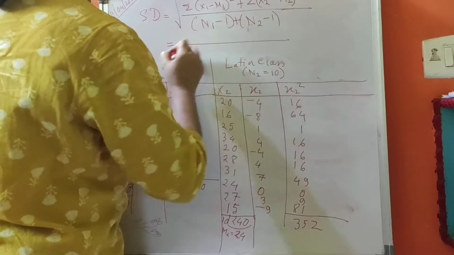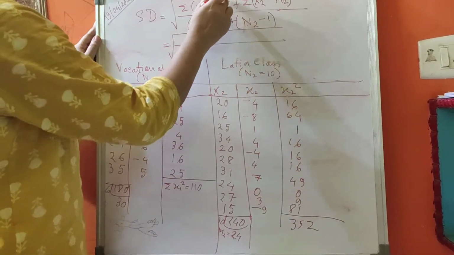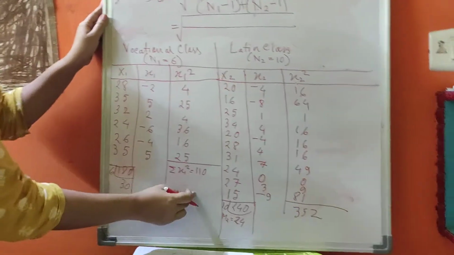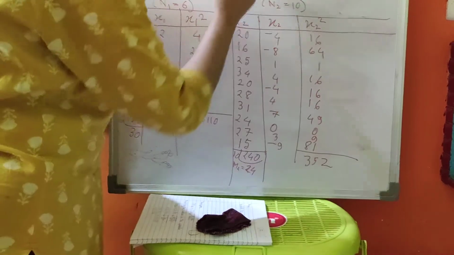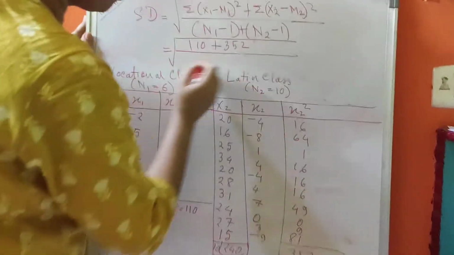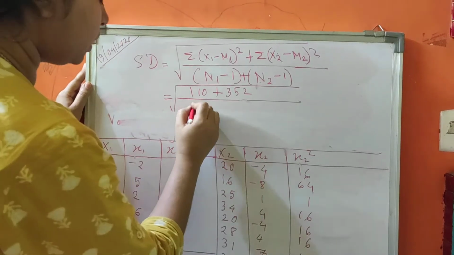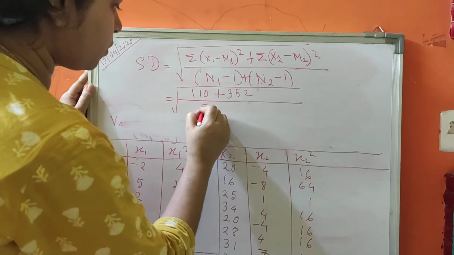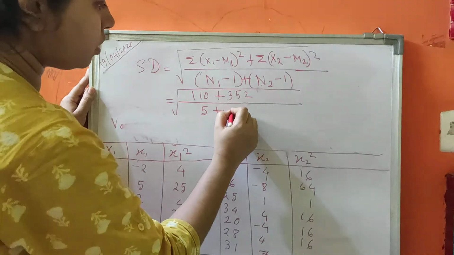Here the summation of (x1 minus m1) square is the total of the squared deviations, so it is 110, and for group 2 it is 352. n1 is 6, so 6 minus 1 is 5, and n2 is 10, so 10 minus 1 is 9.